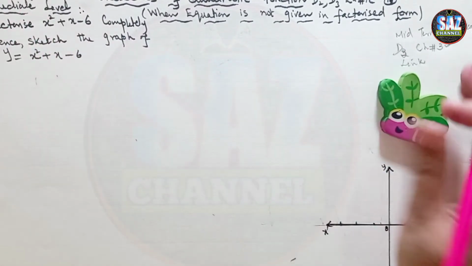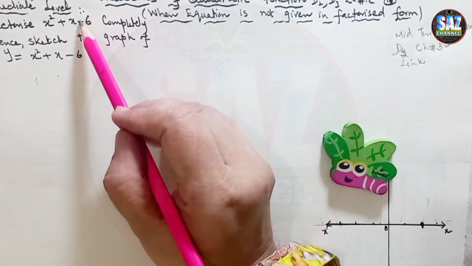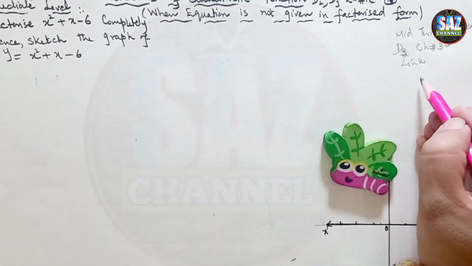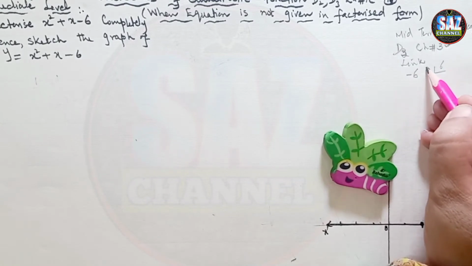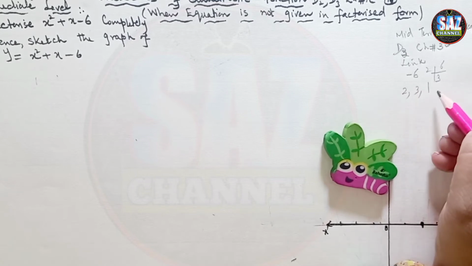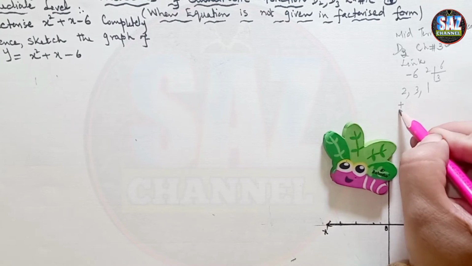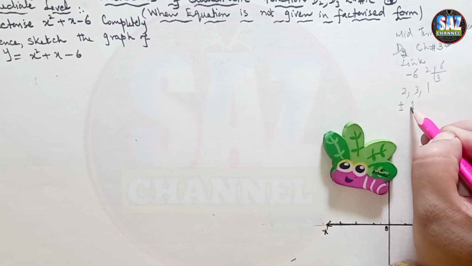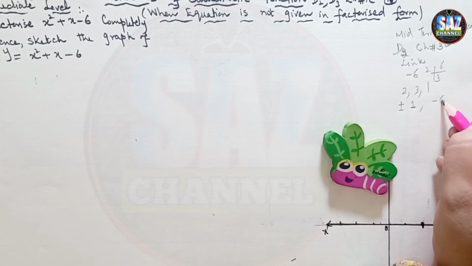Recall the method for the midterm breakage, that we have to multiply constant with the coefficient of the square term and the product comes minus 6. Make the prime factors of 6, 2 and 3 and 1. Then we have to set the factors in such a way that when we add or subtract, we get the middle term which is positive 1, and when we multiply we get minus 6.